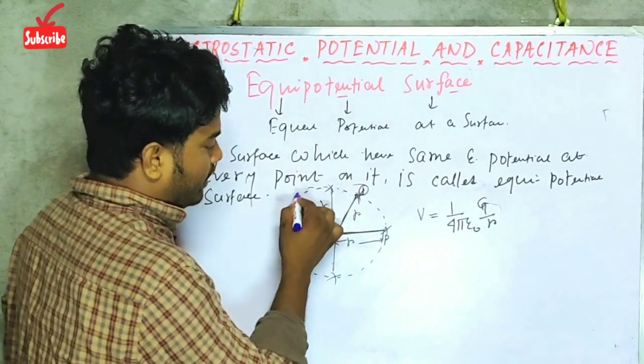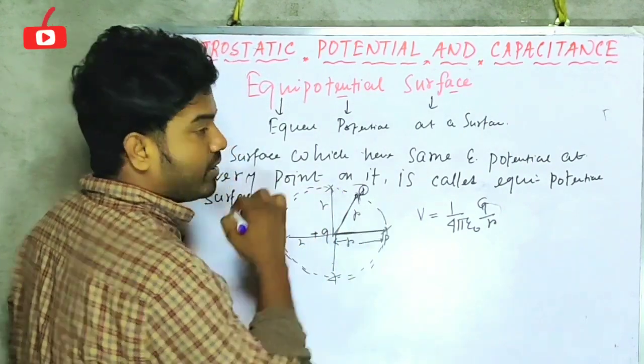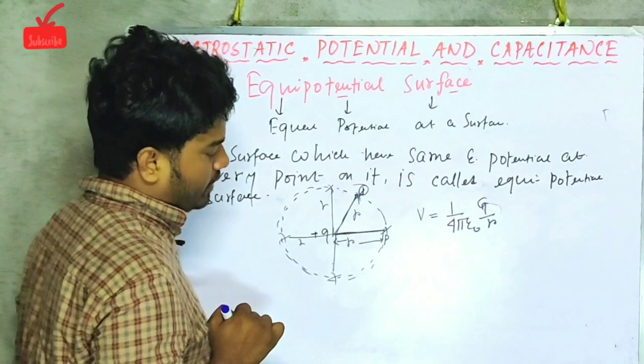So this sphere is called an equipotential surface.